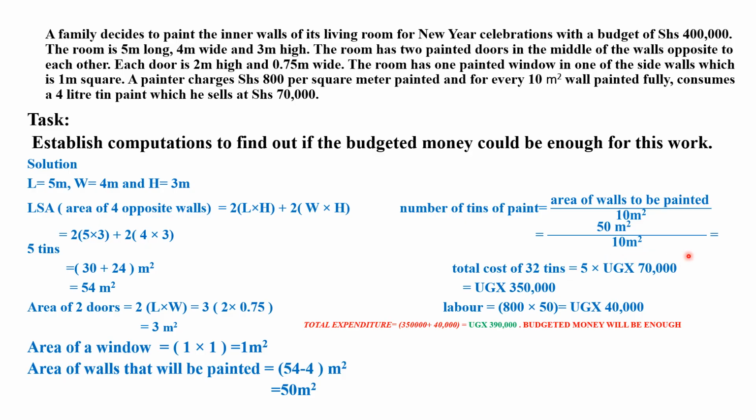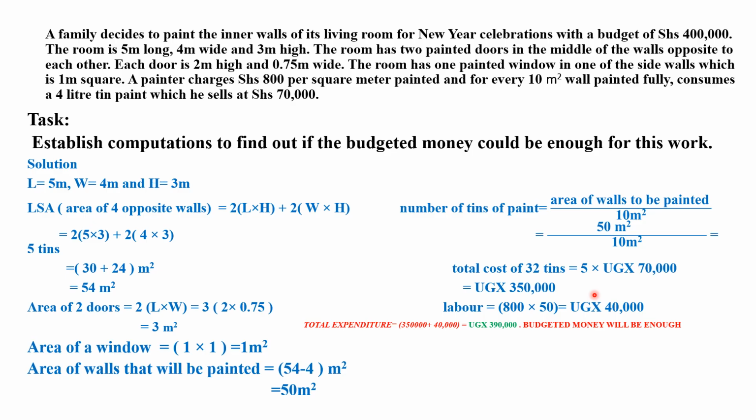So it means that here we shall come and say that the total cost will be equal to 5, the number of tins, times the cost of each tin. And here the cost of each tin is 70,000 shillings.